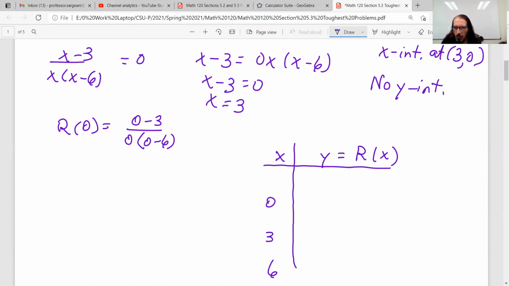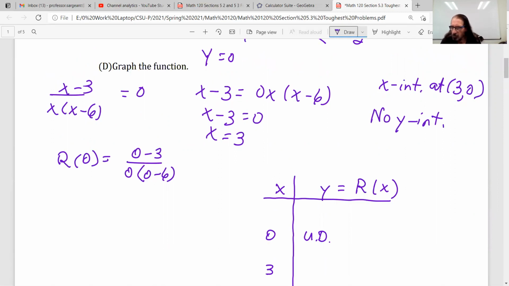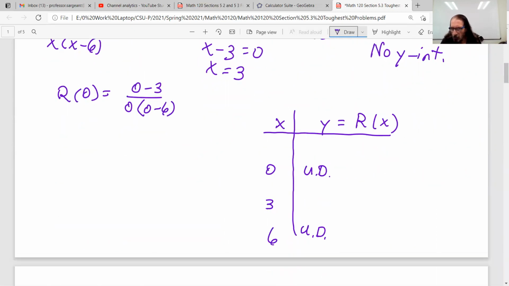We know the function is undefined when x is 0, UD short for undefined, and when x equals 6, and that y equals 0 when x is equal to 3. I want to know what's going on in between, what's going on to the left of the smallest value and to the right of the largest value. So left of 0, in between 0 and 3, in between 3 and 6, and then right of the largest value, which is 6.